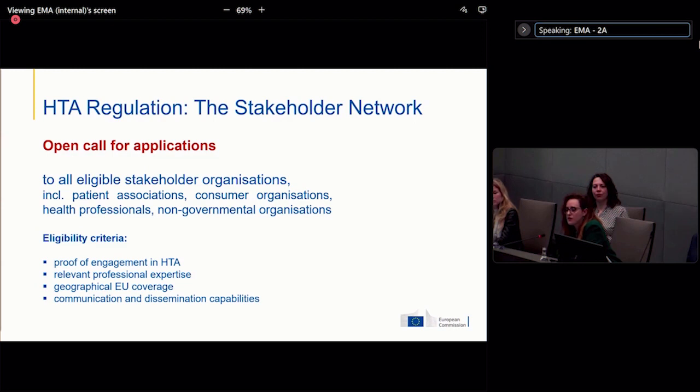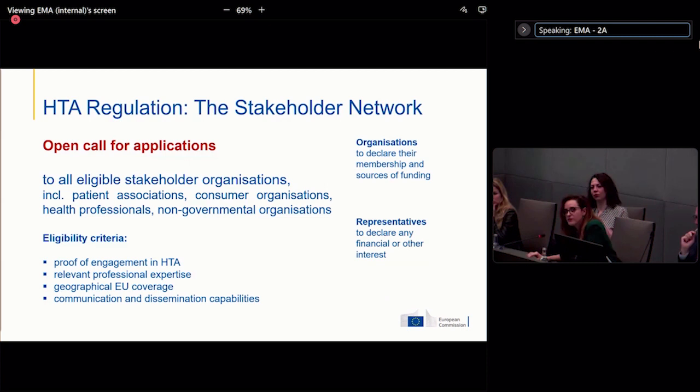So in the selection of organizations, we will take into account the previous experience in the field of HTA, which can be proven by having written articles or having had working groups on this topic, having participated in EU-funded actions and so on, whatever you can have to prove that you can provide added value to the discussions. And then, of course, organizations will have to declare their membership and sources of funding, and the individual representatives will have to declare their financial and other interests.